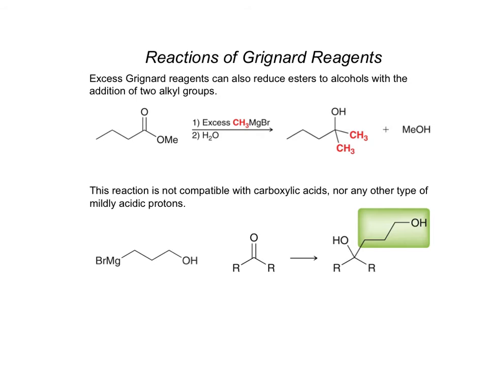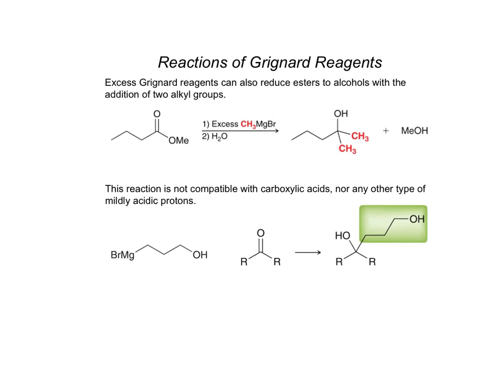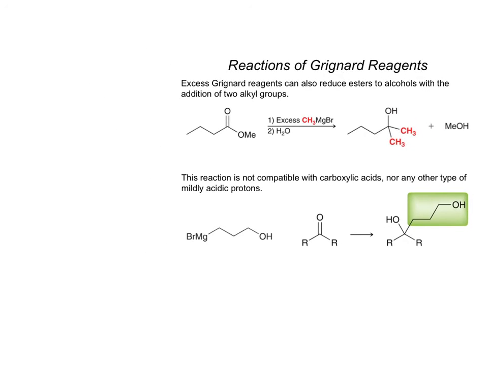Okay, so there are a couple other little bits with respect to Grignard reagents that we have to go over. So number one, like I mentioned, Grignard reagents are very strong nucleophiles. They're very strong reducing agents, just like our lithium aluminum hydride was. Remember that with lithium aluminum hydride, we could take a ketone or an aldehyde and reduce it to an alcohol.